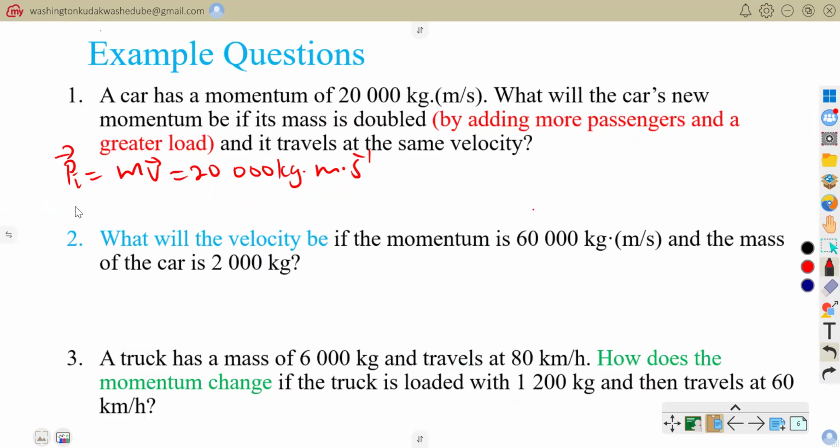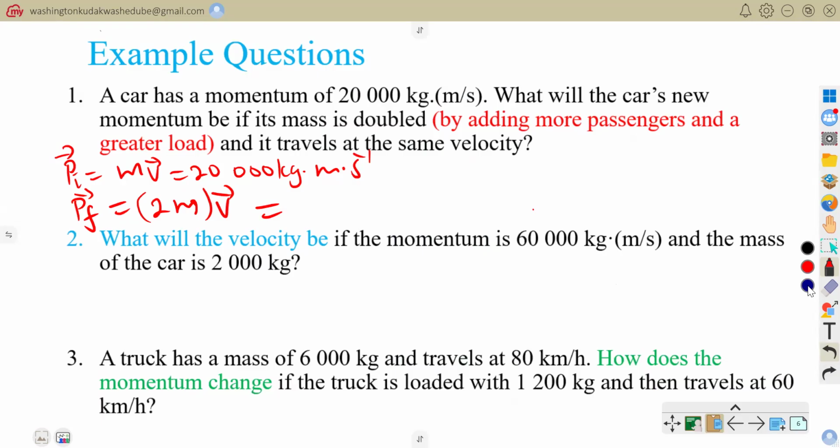And then now they are saying the final momentum is now equal to 2 times, or else let me say, they actually said that our mass now has been doubled to become 2m, but we are still having the same velocity.